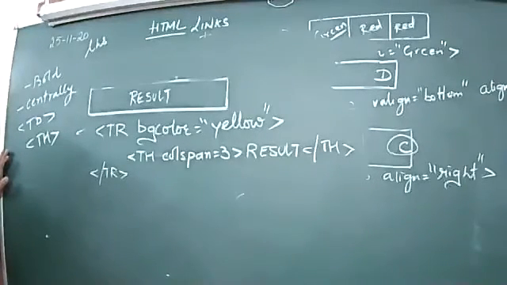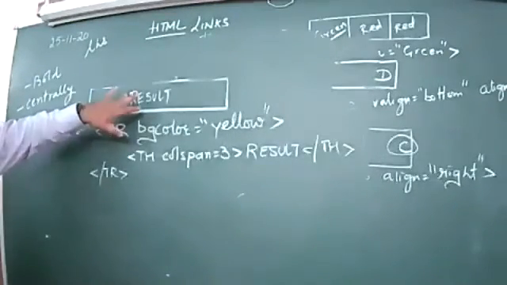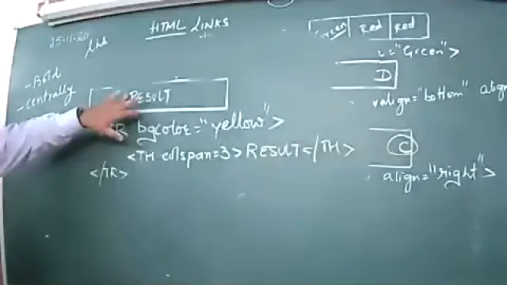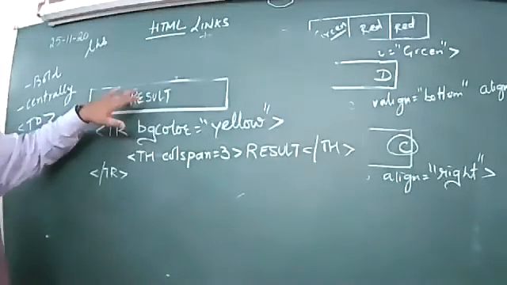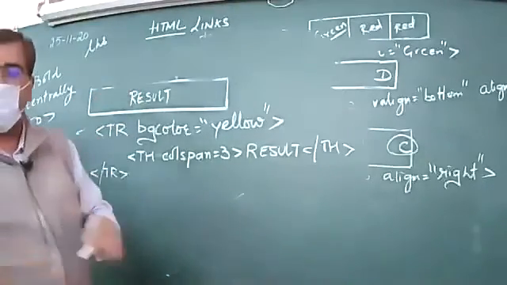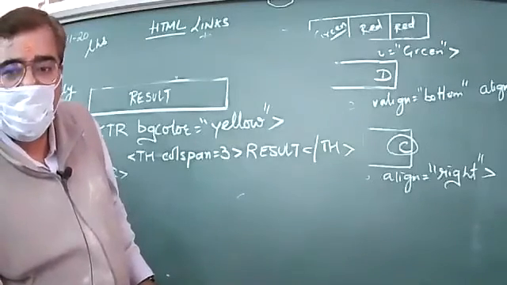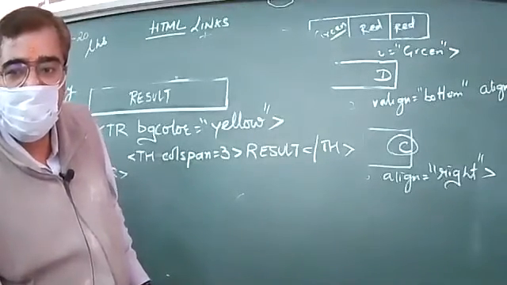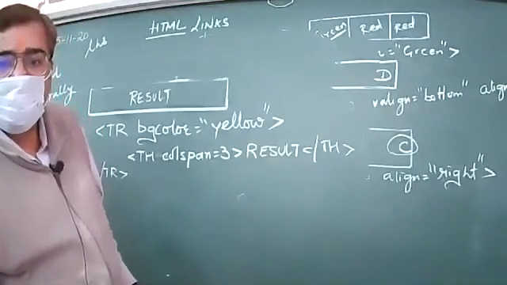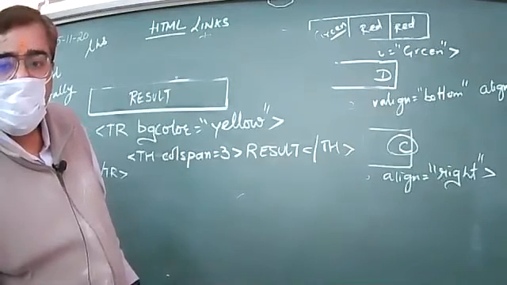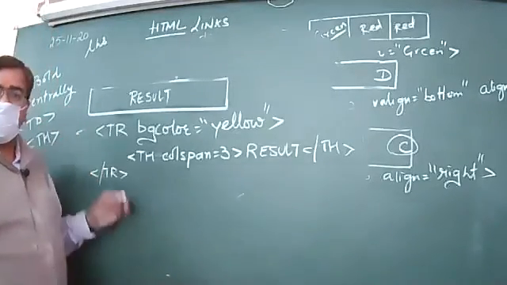Clear? I have not taken the align attribute over here because the data is already in the center and the header row is by default in the center. Clear? Got my point?